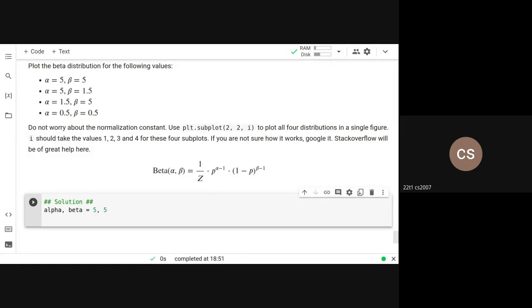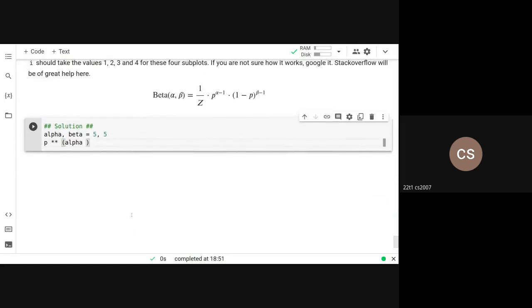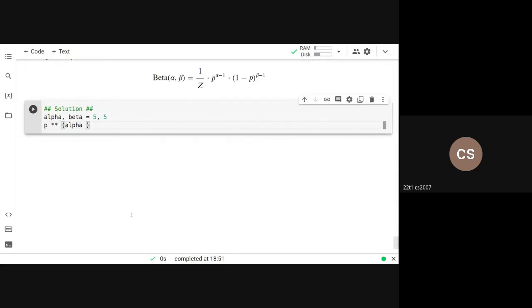So we'll just plot this term, which you can directly write in NumPy. So p power alpha minus 1, into 1 minus p power beta minus 1. Okay, so this is what I need to plot against some values for p.